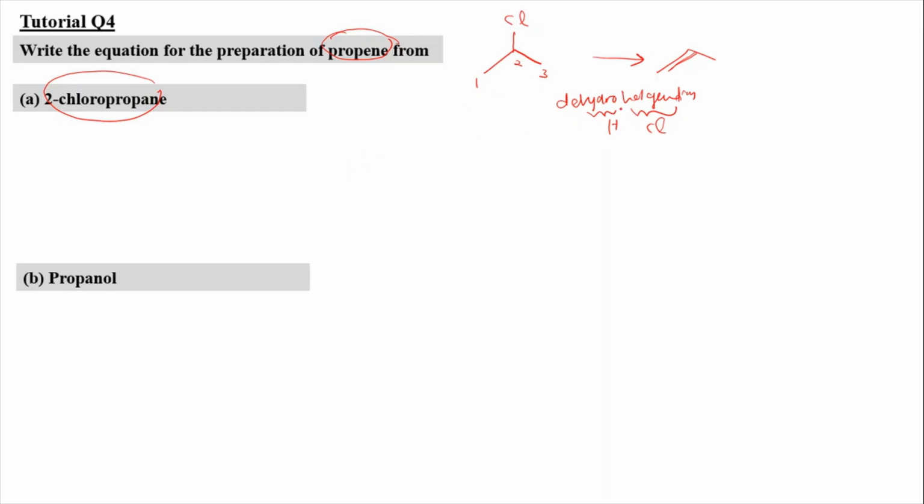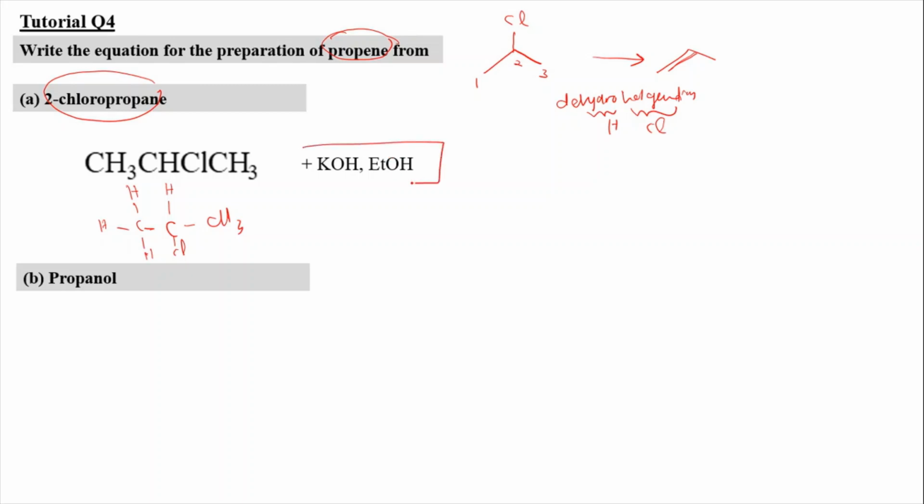You can use the skeleton structure as I use, or you can also write it in terms of the condensed structure or expanded structure, whichever you feel better with. So this might be the expanded structure, and then you react that with KOH and ethanol.